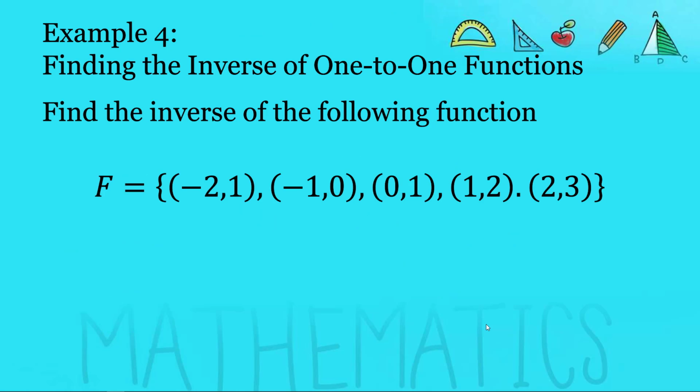Okay. How do we go about finding the inverse of a one-to-one function? Now keep in mind that the composition of f with its inverse will always produce for you x. So we actually want to find those values which, when we apply the inverse, will give us the exact same value. And notice that this is basically our x value, our y value, our x value, and our y value, and so forth. So it turns out that the inverse is basically nothing more than these ordered pairs reversed.